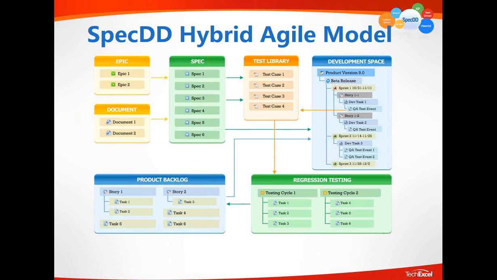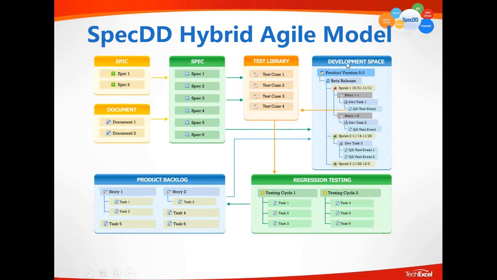So from the object point of view, the process model talks more focus on the people, the activities. This SpecDD hybrid object model is more like let's recognize the artifacts.